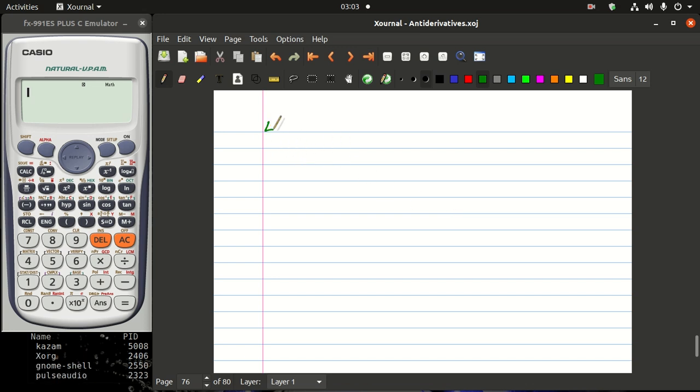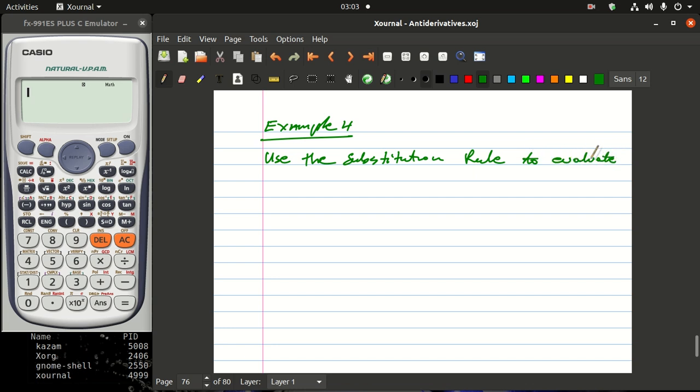Let's take example number 4. Example number 4 is saying: use the substitution rule to evaluate the indefinite integral. I hope my spelling is right there.